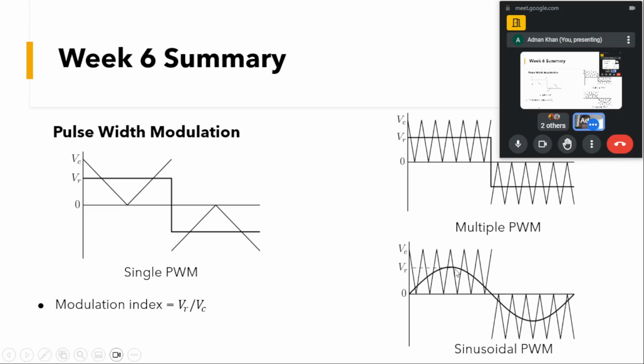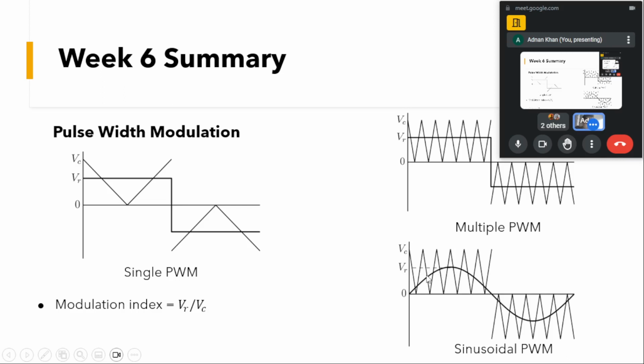With this sine PWM, the idea and the logic are the same. Whenever this VR is greater than the carrier, we turn on our devices, and when it is lower, we turn off our devices.